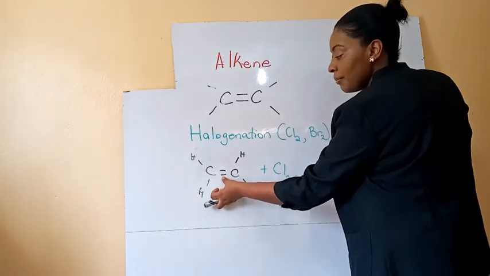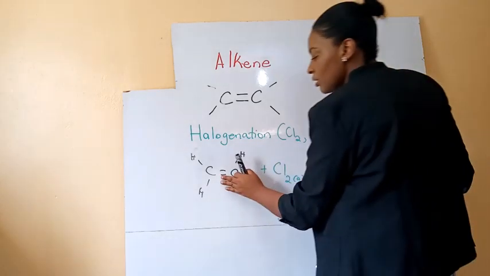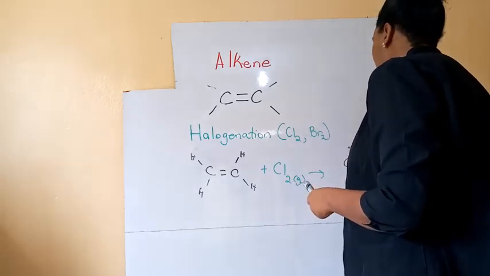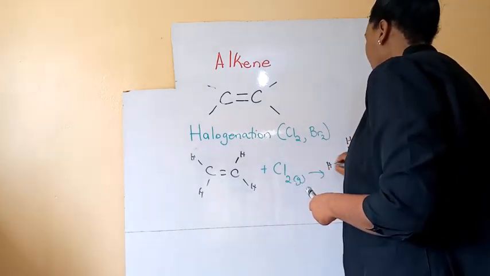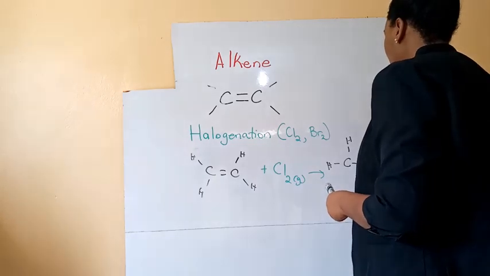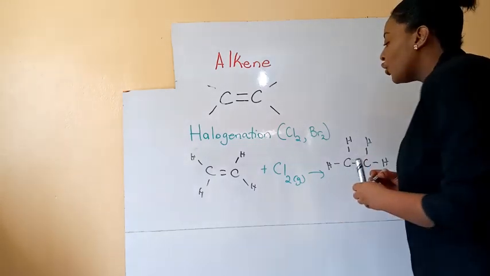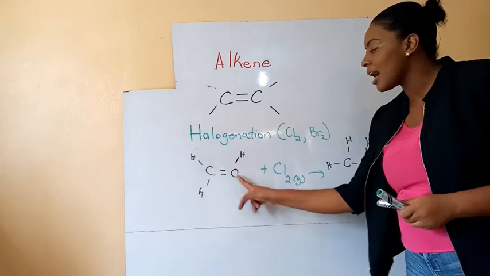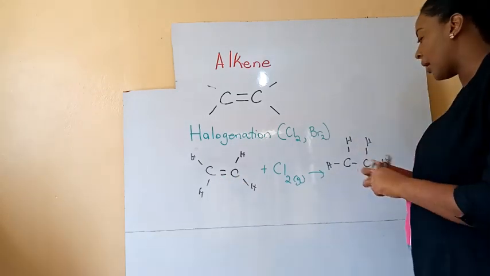When this double bond breaks, I'm going to draw it back without this double bond, right? So I draw back what I have. So I have C, H, H, single bond, H, H. So now I'm adding chlorine to the carbons that were involved in the double bond.